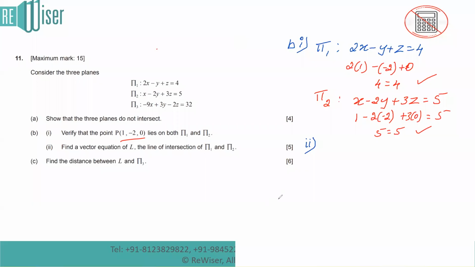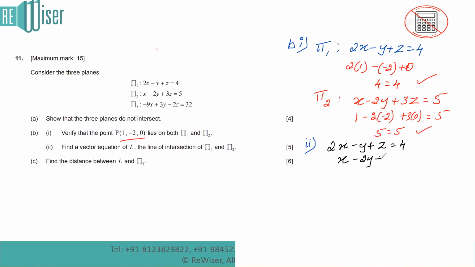Whenever we talk about finding a line of intersection for plane 1 and plane 2, you basically just need to think about solving these two equations simultaneously. But the challenge here is we have only two equations, but three unknown variables.